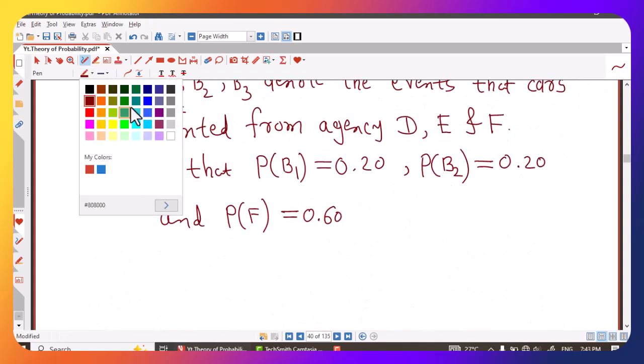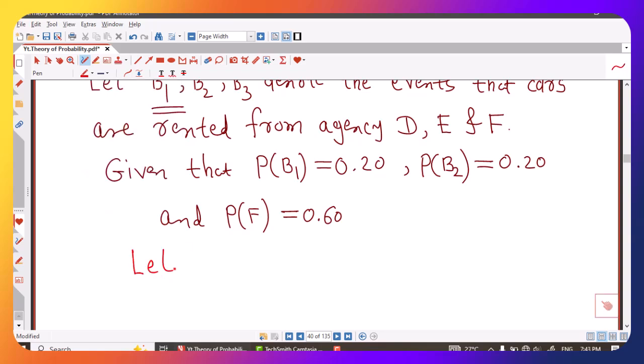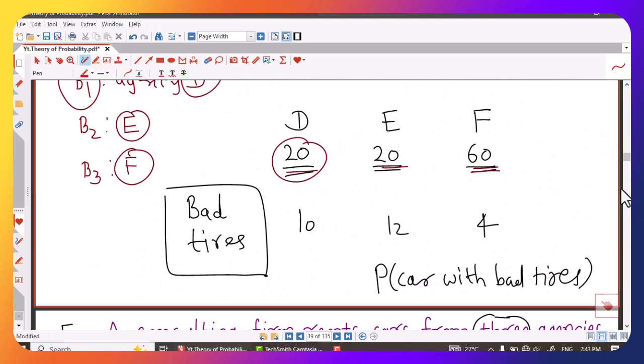So we can denote the event that the car is with bad tires by capital A. Let capital A denote the event that the car rented is with bad tires, and we have to find the probability of this event A. Now we are also given that if we know that the car is having bad tires, then 10% cars are from agency D. So this 10% will help us to determine the probability that if the car is with bad tires, then it has come from agency D. We are given that 10% of the cars from agency D have bad tires.